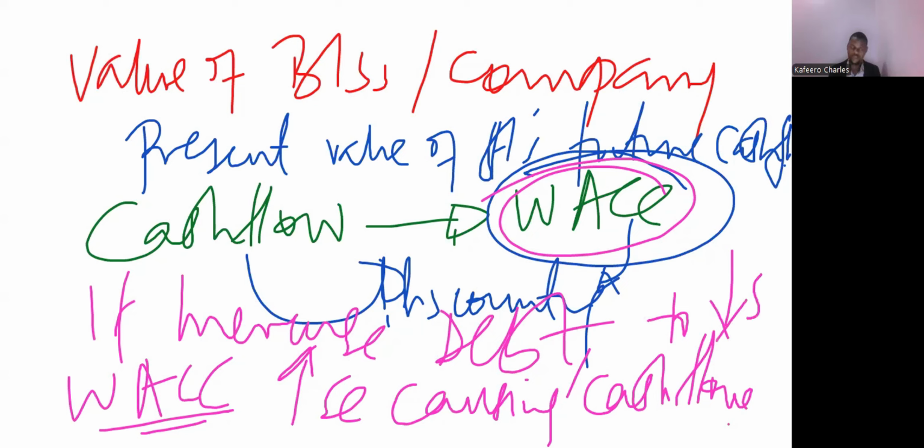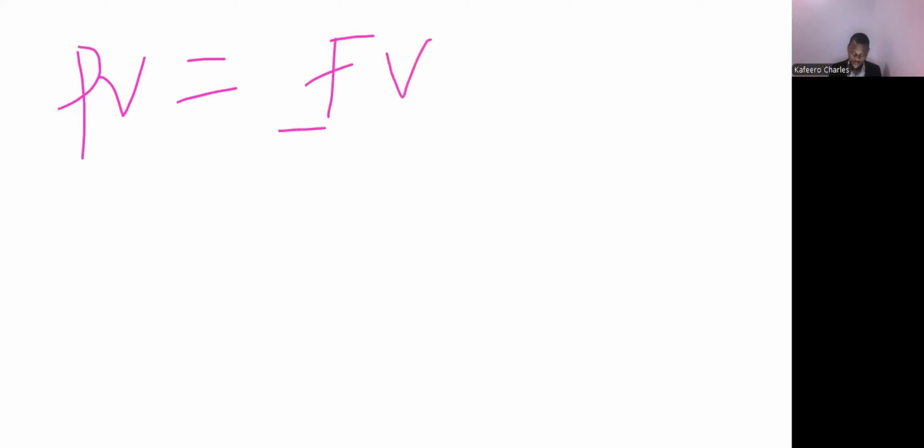They will decrease. Why? What happens? We are talking about it mathematically. The overall cash flow will decrease because, look, when we are getting the present value, we always take the future value divided by 1 plus r to the power of n.